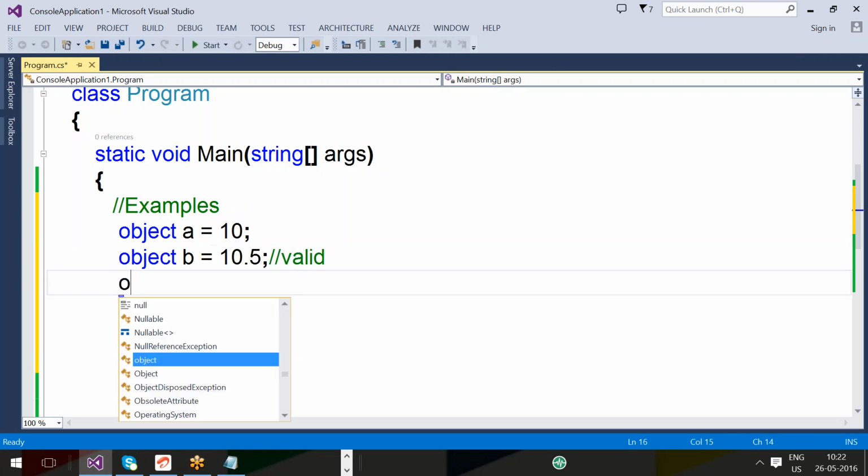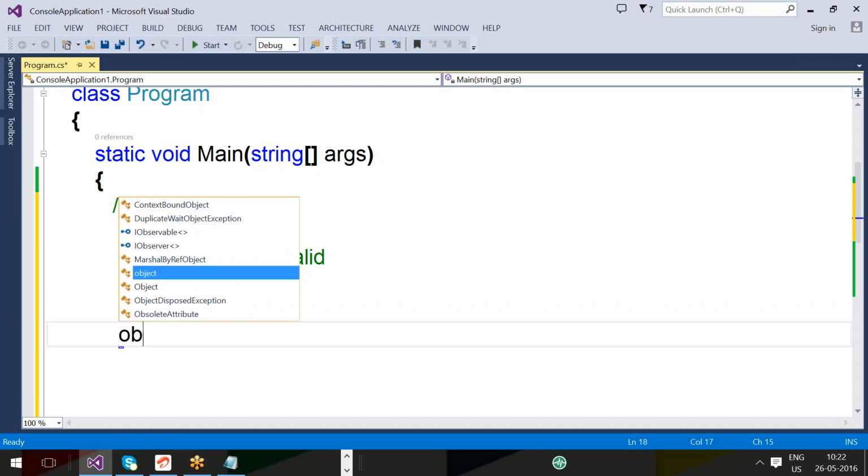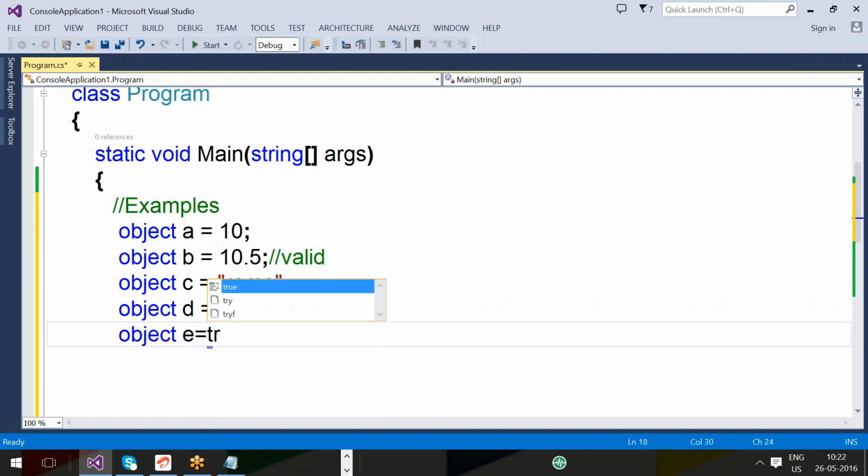Object c equal to Rama. Valid. Object d equal to A. Valid. Object e equal to true. Valid. Numerical, floating, string, character, bool.